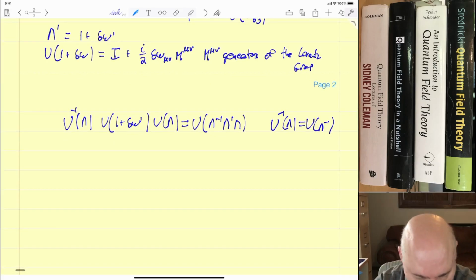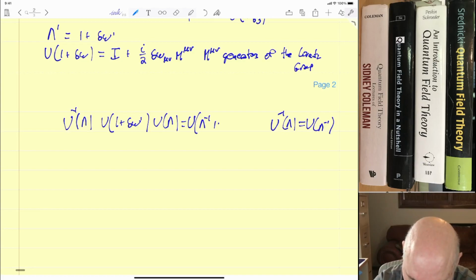We need to show that this implies equation 214. So this is u, I'm going to put lambda inverse here because I'm making use of this here.